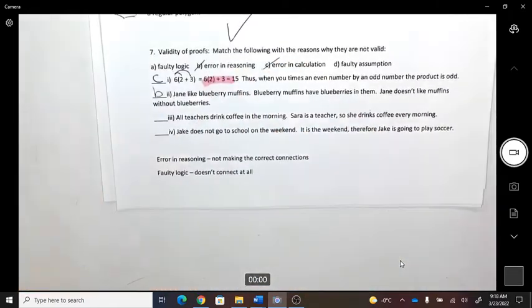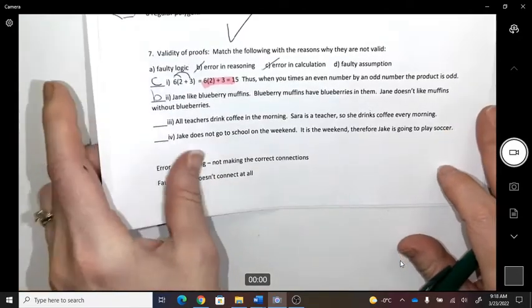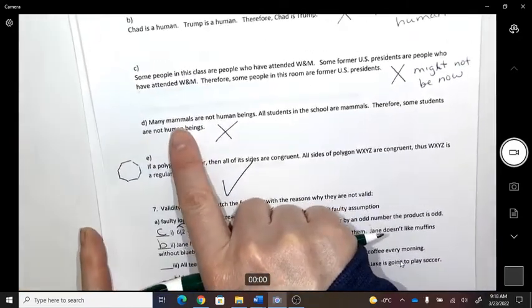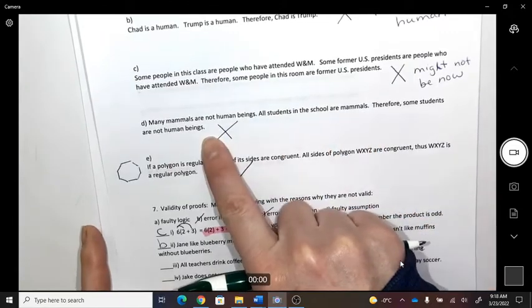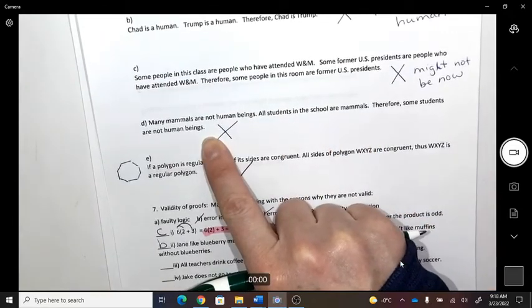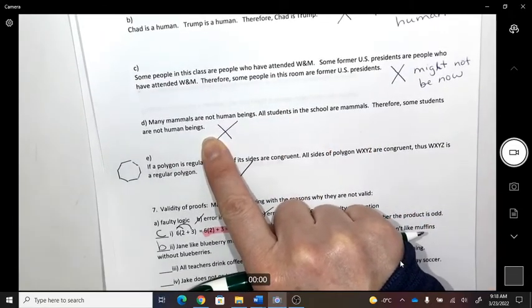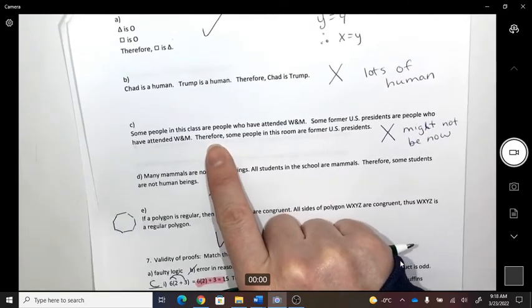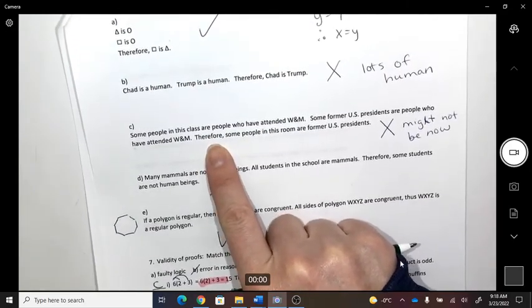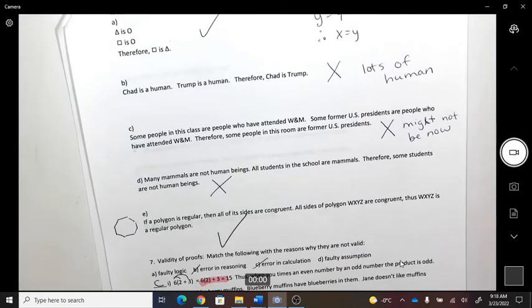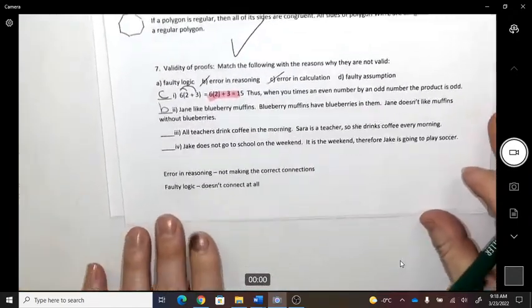That would be an error in their reasoning. Just like this one up here, this is an error in the reasoning. Okay, this is also an error in reasoning because they're not connecting their ideas together quite accurately.